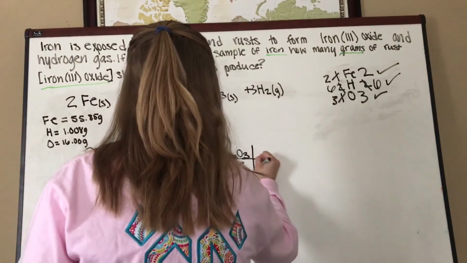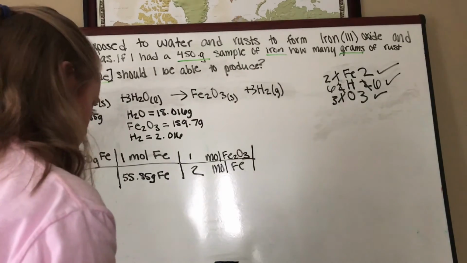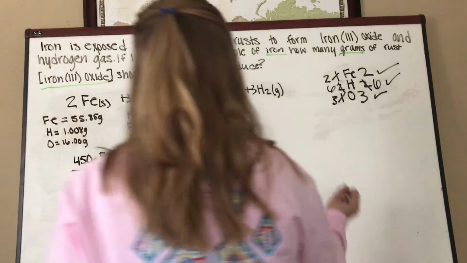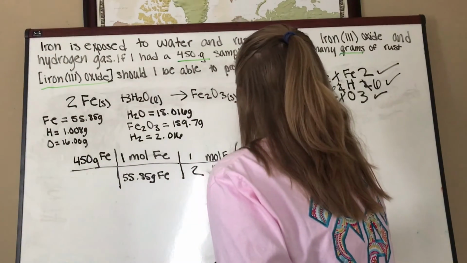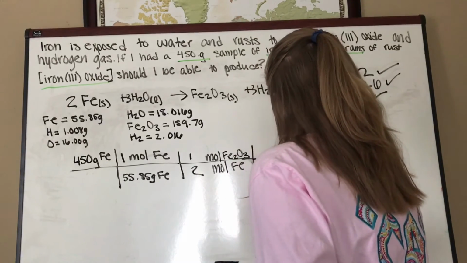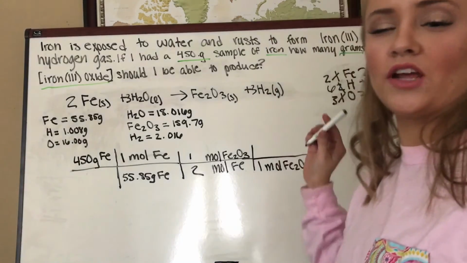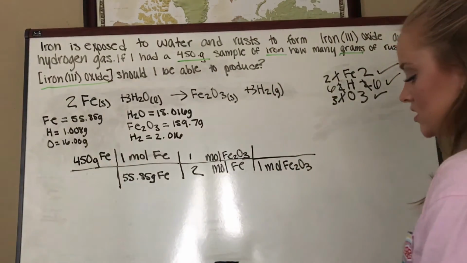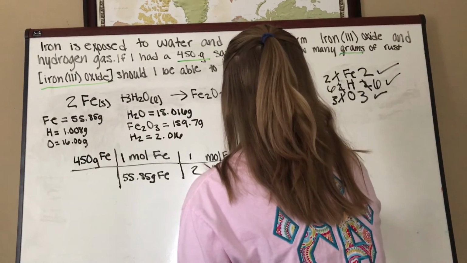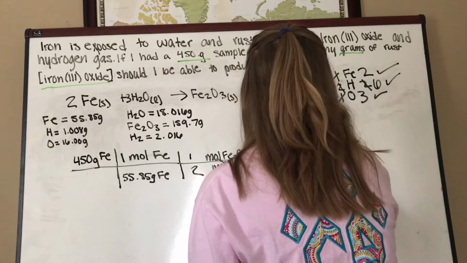Now we want to convert from moles of iron 3 oxide to grams of iron 3 oxide, which is our endpoint. So, we have 1 mole of iron 3 oxide, because we're going to make it equivalent to however many grams there are, which is 159.7 grams of iron 3 oxide.